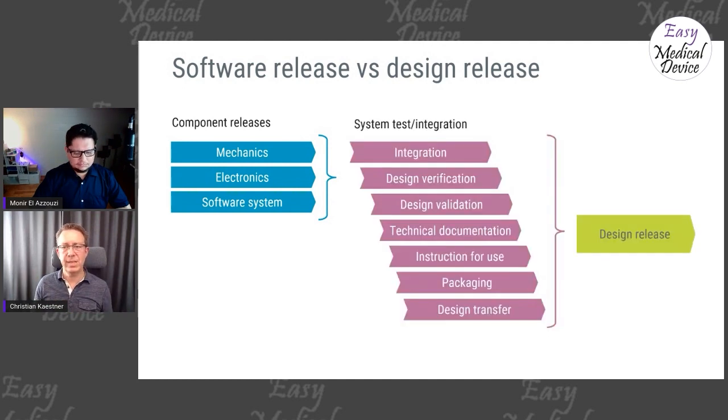This piece of software, which I consider a component, is supposed to be integrated into a larger system. And this larger system, when integrated, is a design release. So usually you have a software release that goes into the system, and then you release the design.